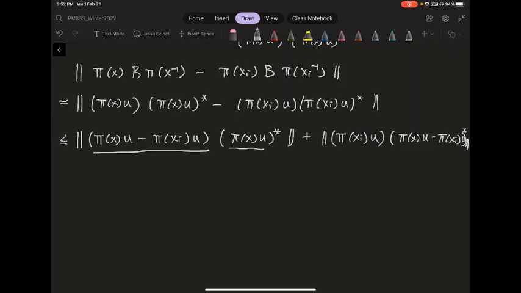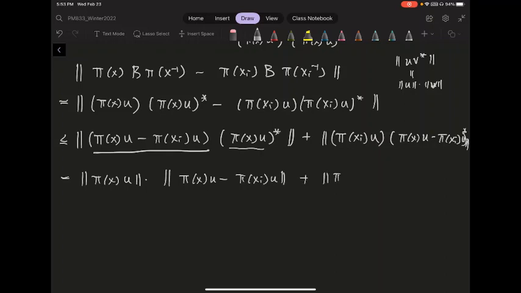So you think about u v star, this rank 1 operator, the norm is just equal to the norm of u times the norm of v. So this is going to be equal to the following: the norm of π(x)u times the norm of the difference π(x)u minus π(ξ)u, plus the norm of π(ξ)u times the norm of the difference between these two.